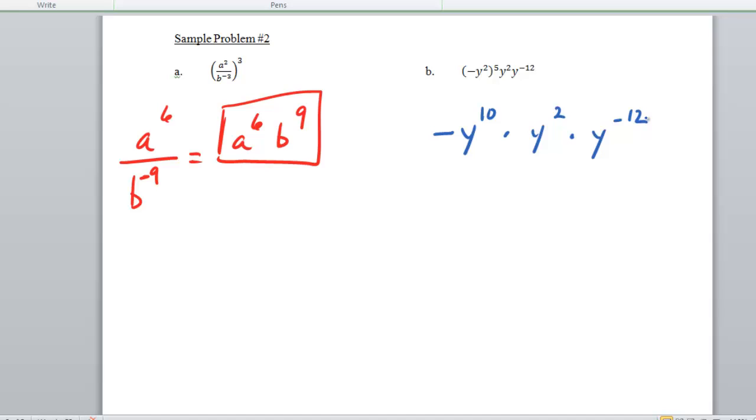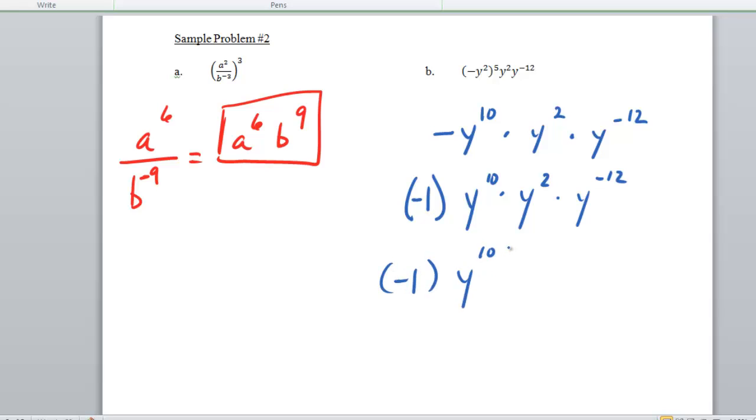Now, this negative y to the 10th power, the negative y is not the same base as the other y's. So what we really want to do is factor out a negative 1 from there. So we can really write that as negative 1 times y to the 10th times y squared times y to the negative 12th. Now, we have y's with the same base, so we can add up all of their exponents.